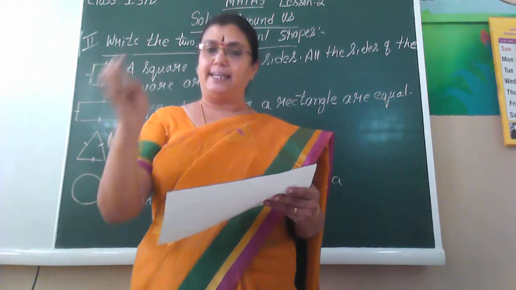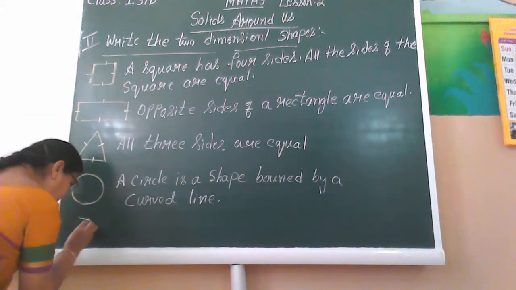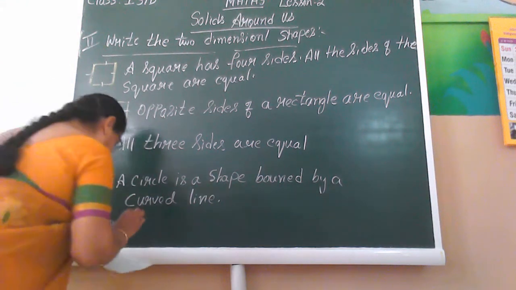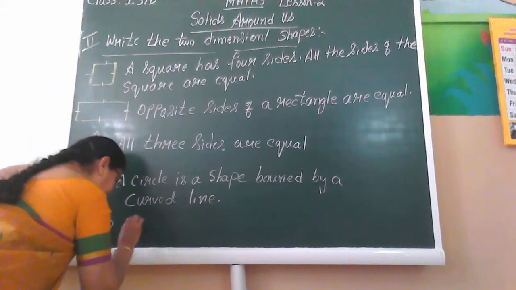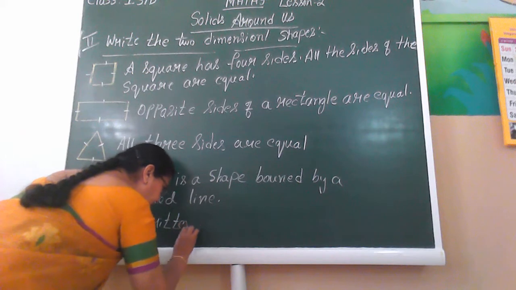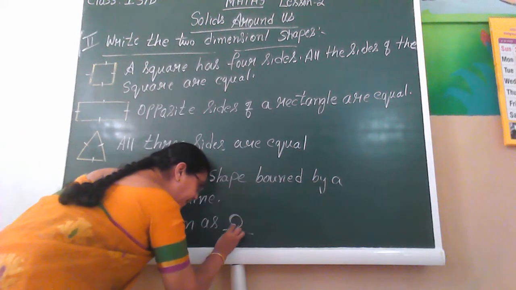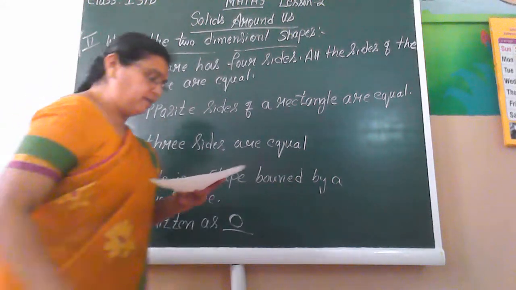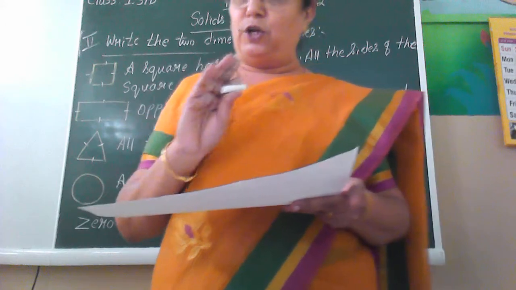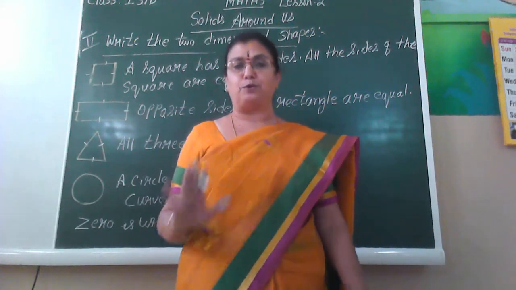Zero is written as dash, which means you have to write this is 0. So number 0 denotes no objects. 0 has no value of its own.